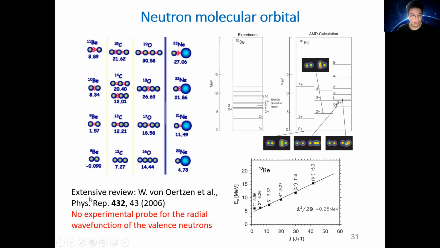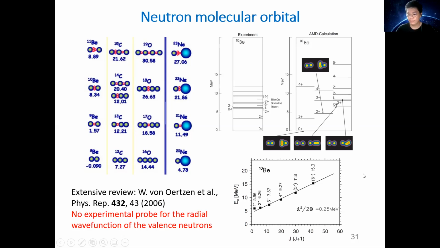This has been reviewed by von Oertzen, but we focus on the fact that up to this point there is no experimental proof for the radial wave function of those valence nucleons. All of these works mostly study properties like the energy level scheme.